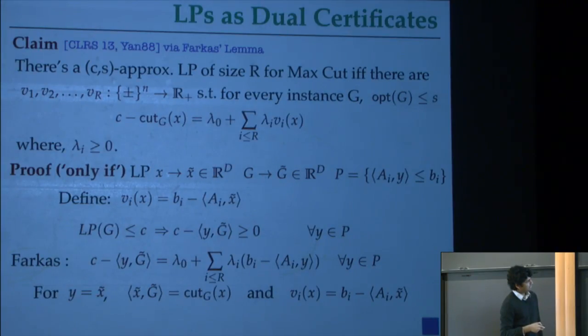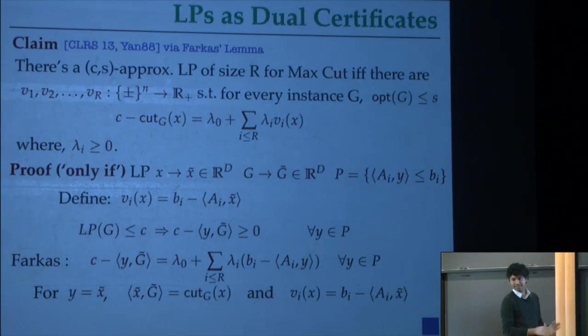That gives me that C minus x tilde dot G tilde equals some non-negative linear combination of these functions v_i, and by definition G tilde dot x tilde is the cut value, because that's our definition of a linearization, okay. So in particular I have written the slack function C minus the cut value at any cut as a non-negative linear combination of these functions v_i.